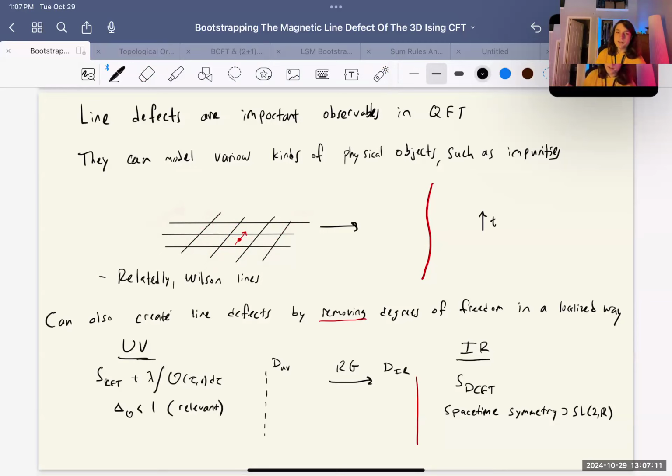Now the general question we want to ask is, if I do this, depending on what kind of couplings I make or what kind of new degrees of freedom I add, what will happen at long distances?